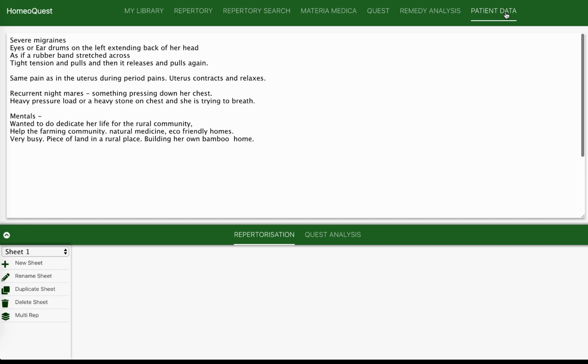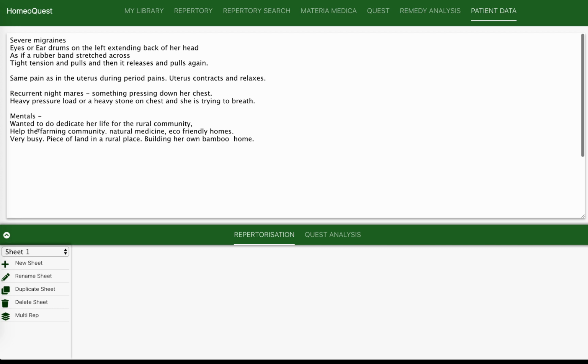I knew her since medical school, and she always mentioned that she wanted to dedicate her life to the rural community. So that's what comes up in the mentals.